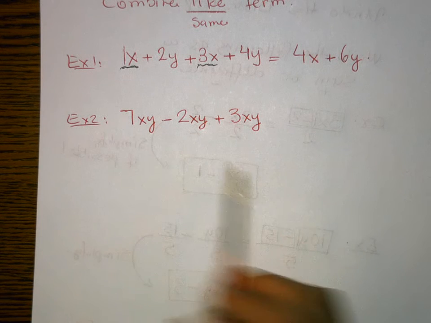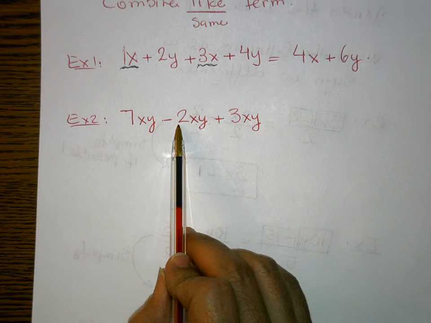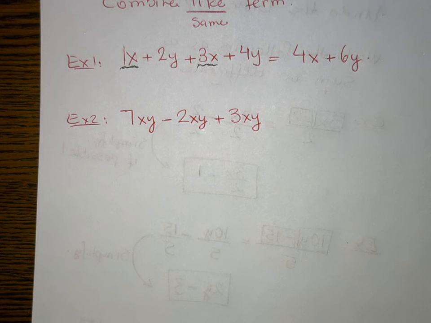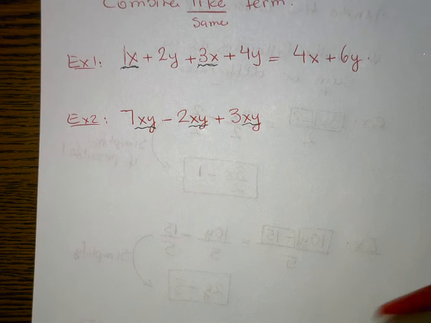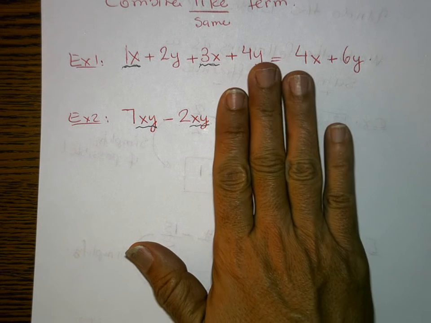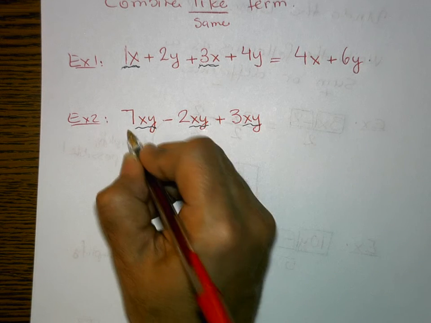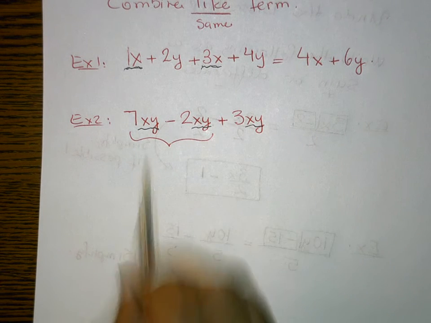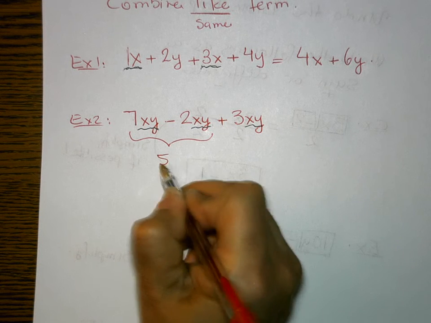I have 7 of them, and then I subtracted 2 of them. They're all the same term, by the way. I like to highlight it. I'm going to take one at a time. I'm going to almost ignore that this 3 is there. I'm just going to take care of 2 of them at a time. So this 2 together makes 7 minus 2. So I have a 5xy.